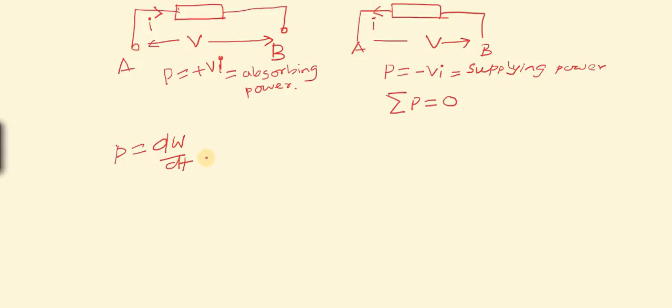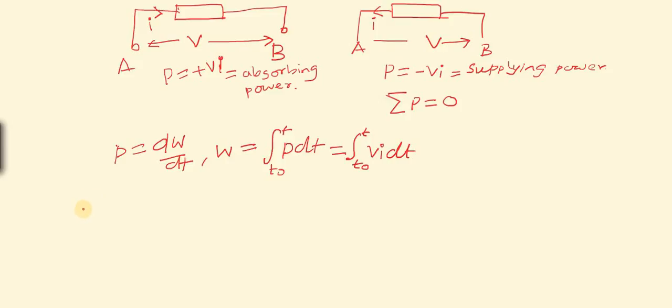So energy W will be the integration of power over time, and this P is equal to voltage into current. So energy is the integral of V into I dt.